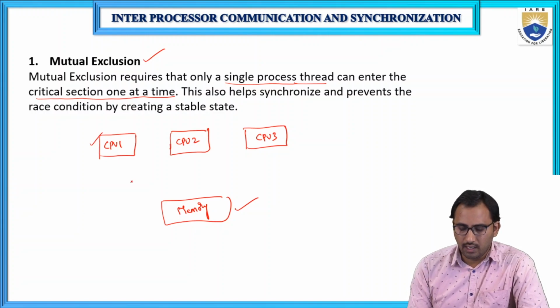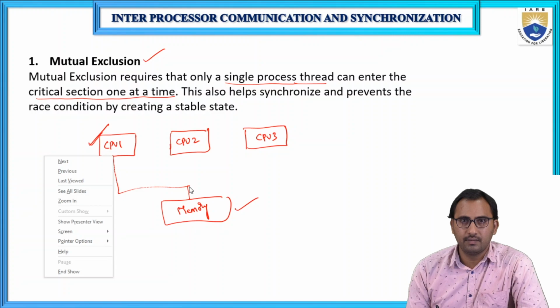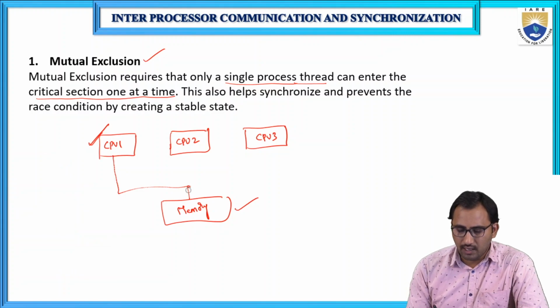Suppose the first CPU wants to access the shared memory, then the first CPU will access the memory. After accessing, CPU 1 releases the shared memory. Then only the second or another CPU will access.